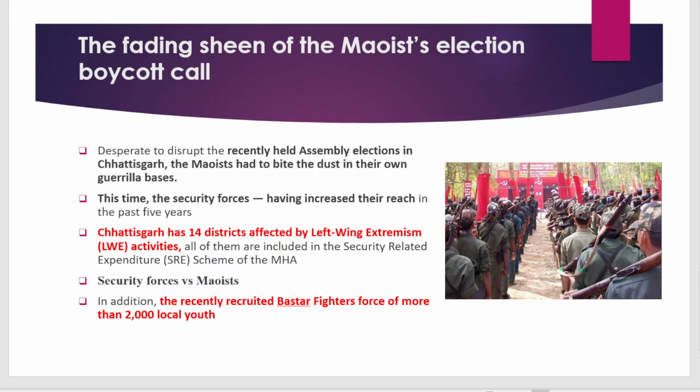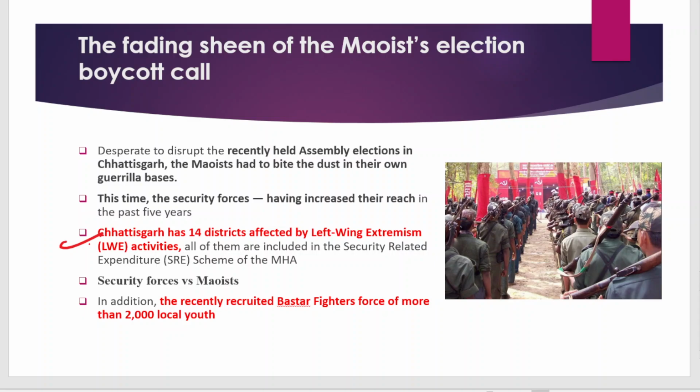To ensure that people participate in higher numbers, security needed to be tightened, and the government and authorities did that. The number of security forces and battalions was increased, and you know that Chhattisgarh has 14 districts affected by left-wing extremism.